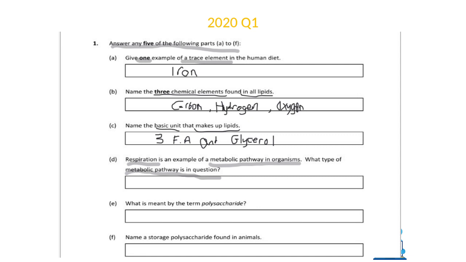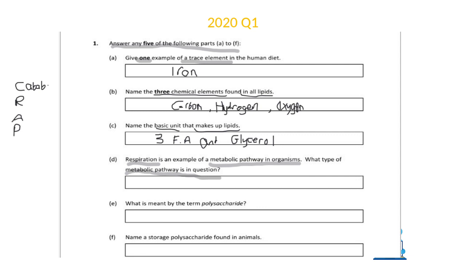So when we look at metabolism, we're going to use the acronym CRAP, C-R-A-P. And this will help us remember an example of a catabolic reaction and an example of an anabolic reaction.